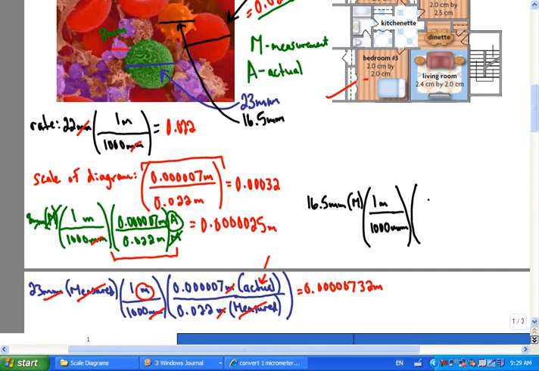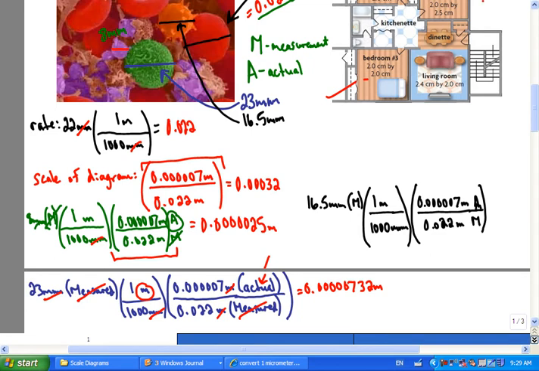And the last thing I have is that there's 7 micrometers in the actual measurement, and 0.022 meters in what I measured.